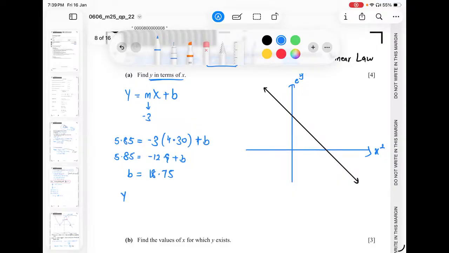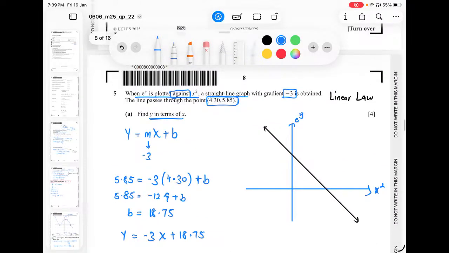So now just substitute all the values into the formula. So this is going to be -3 capital X plus 18.75. So are we done at that? No. The trick here is that capital Y is actually not the y-axis.